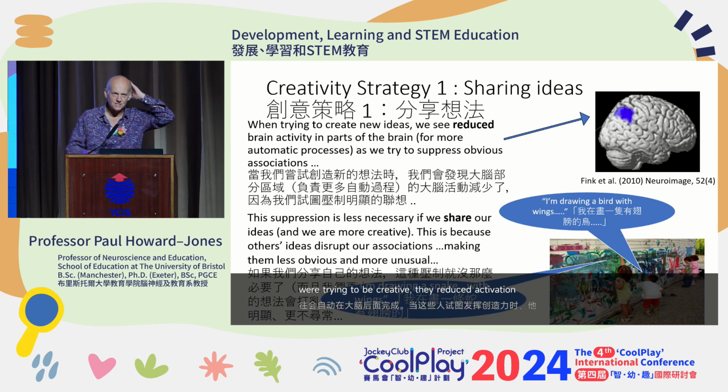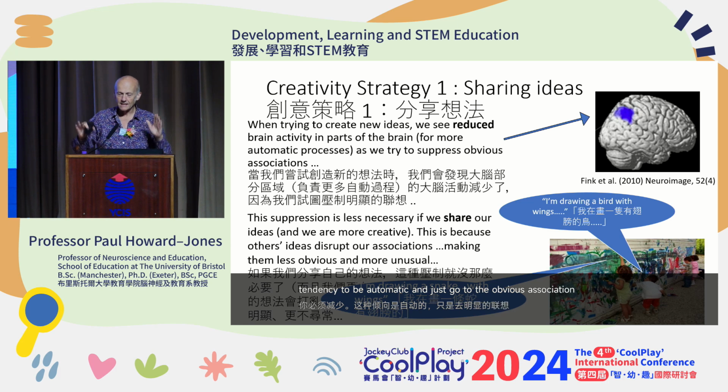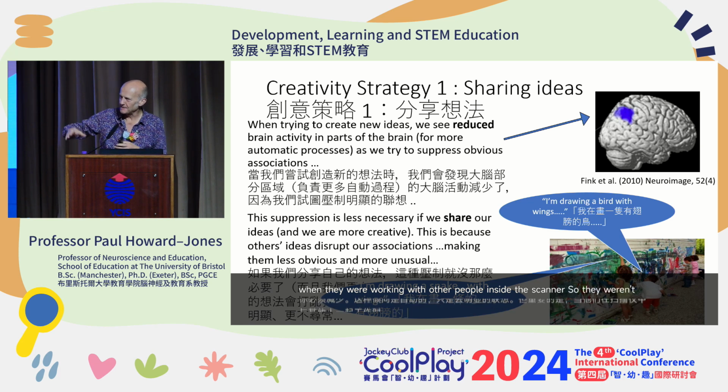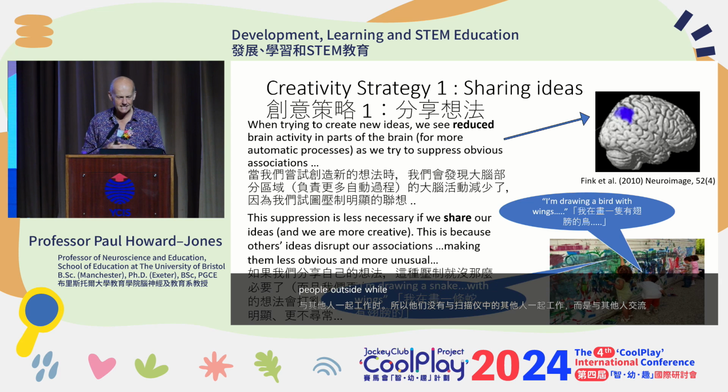So you have to reduce that tendency to be automatic and just go to the obvious association. But importantly, when they were working with other people inside the scanner, so they weren't with other people inside the scanner, but they were communicating with other people outside while they were having their brain scanned, when they shared their ideas, they didn't have to suppress this part of the brain so much, and that requires effort to do that.